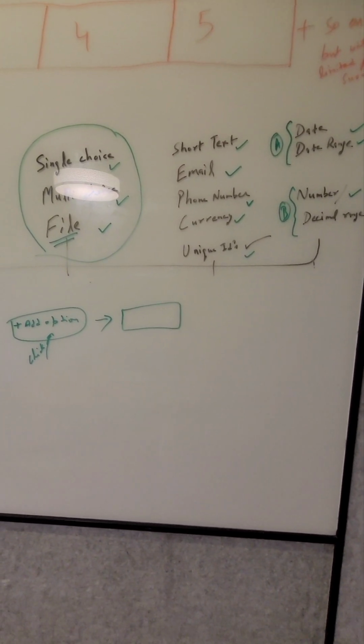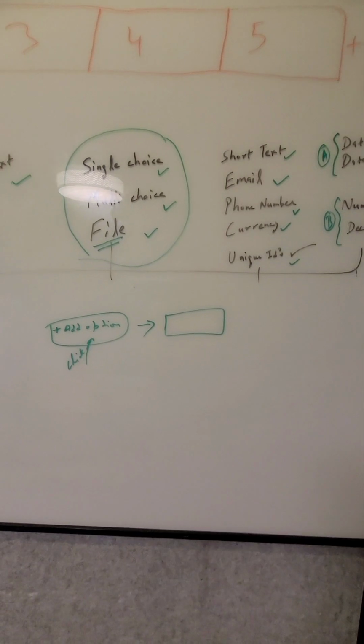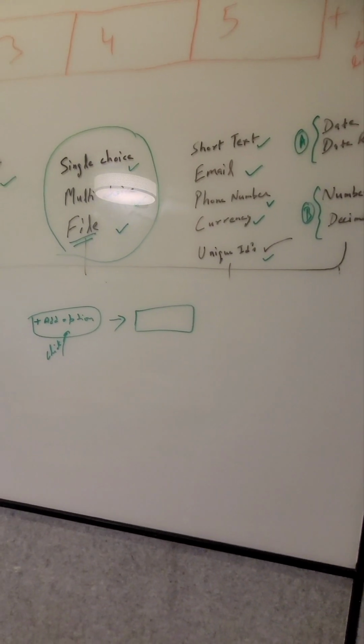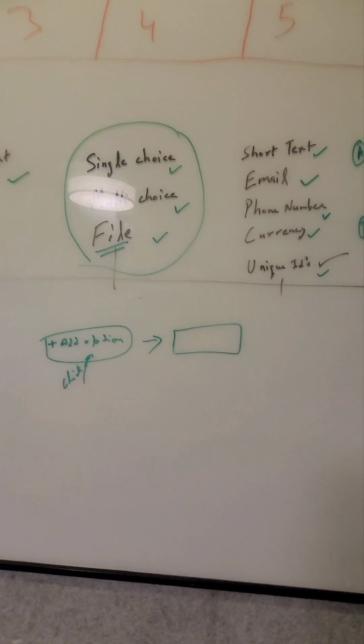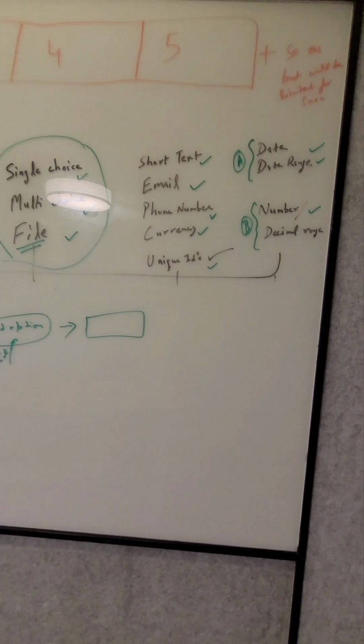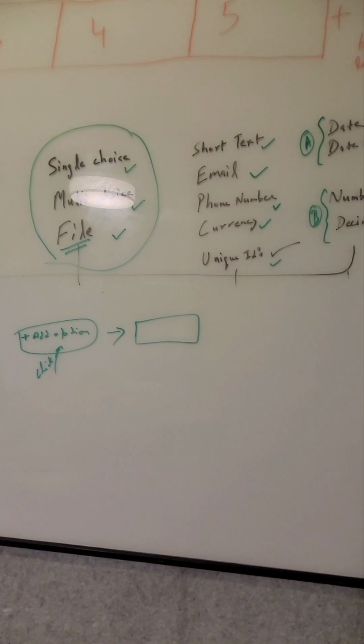It's my choice how much restriction I want to put into the file system. So for single choice and multi choice, I would say the user can only add a limited number of options, up to like 7, 8, 9, 10. That's not a big number.